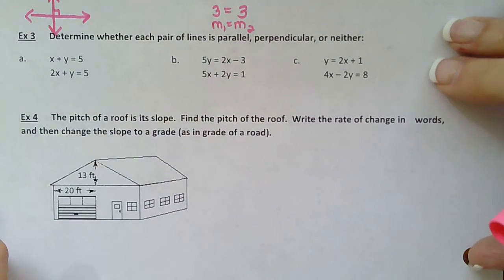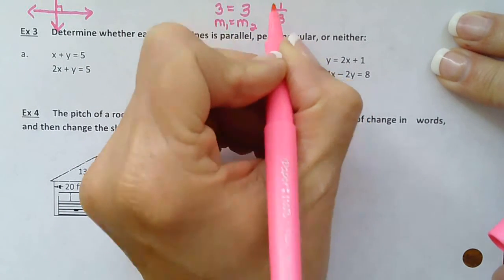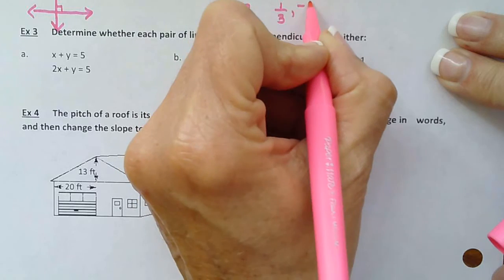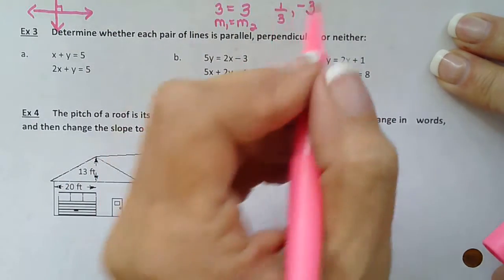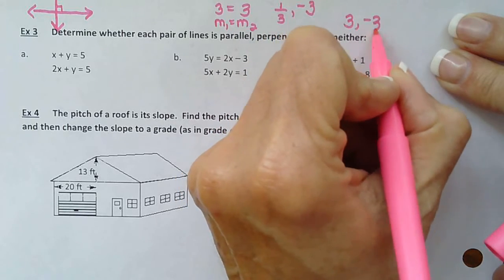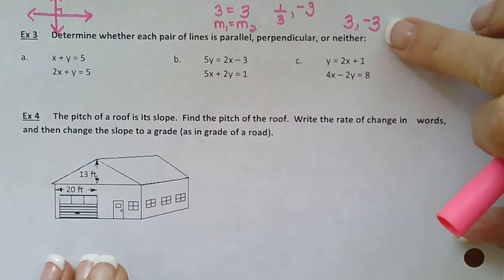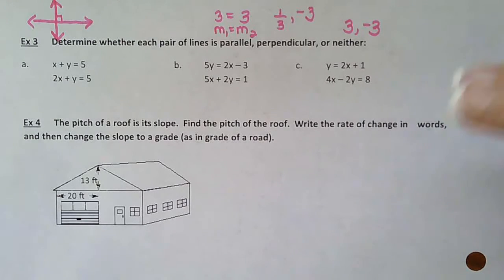They have the same steepness. Perpendicular would be when their slopes are opposites and reciprocals. And neither would be like if one was 3 and the other one was -3, for instance. They're different signs, but they're not reciprocals, so they have to be both. So that gives you an idea of what we're looking for.